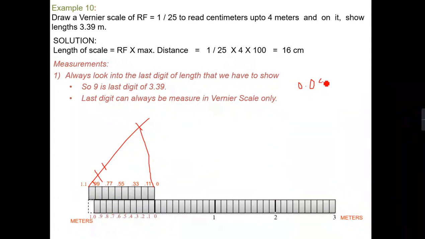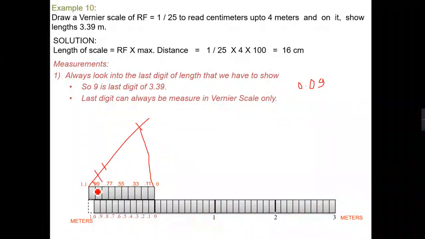So this 0.09 you are always going to measure from the vernier scale. You can see here the 9 is coming out to be here.